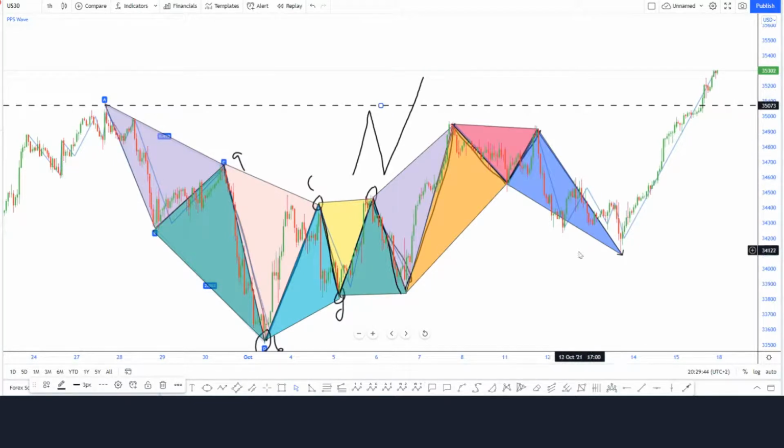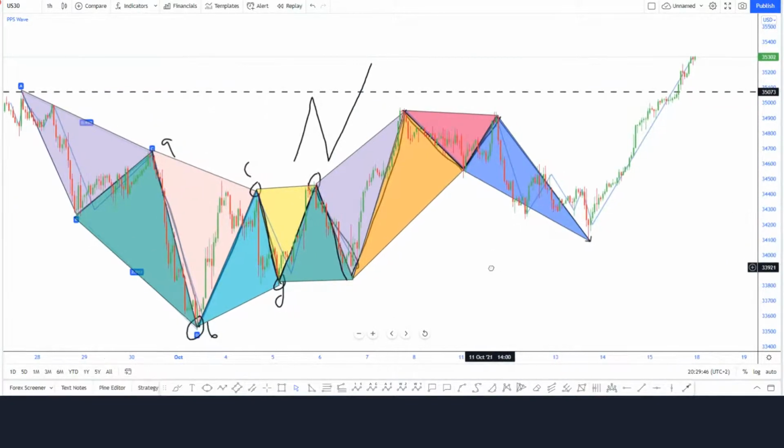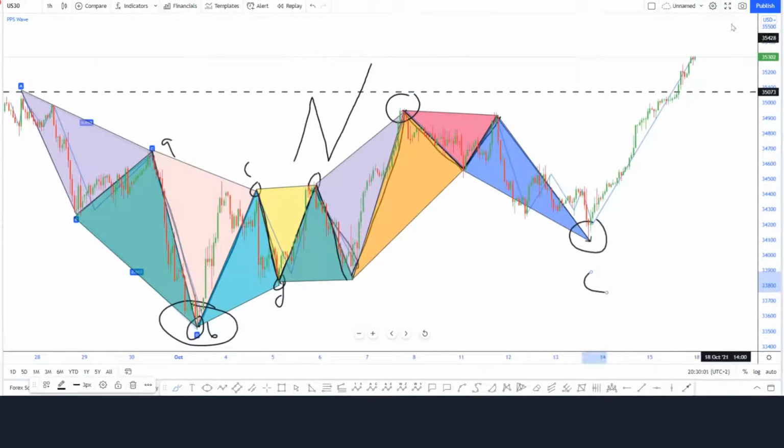Can you tell me now, how can I think about this one? See, all this noise, I don't care about all this noise. What I'm gonna do right now, I'm gonna think about this low and this high as AB, and that's C, and I'm expecting point D up here. So I'm gonna do a big one of these.